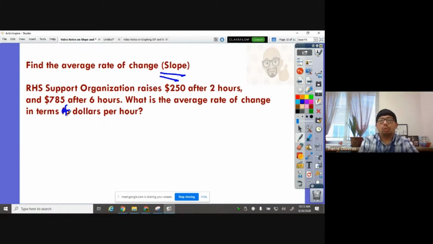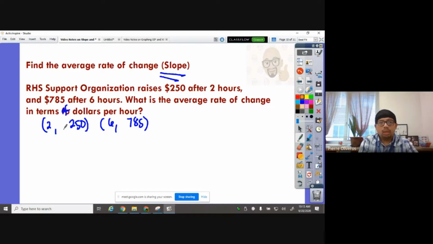Let's identify the two scenarios. In 2 hours, they have raised 250. And also the other one, in 6 hours, they have raised $785.